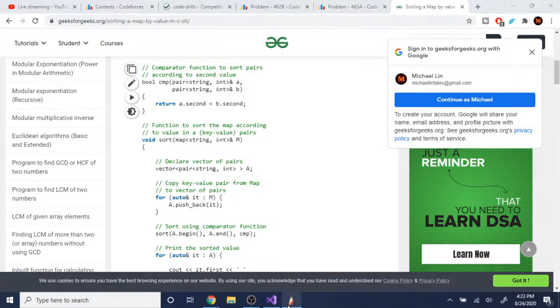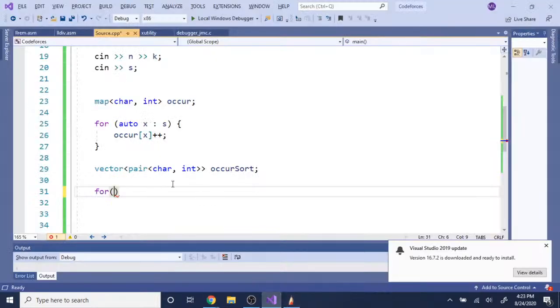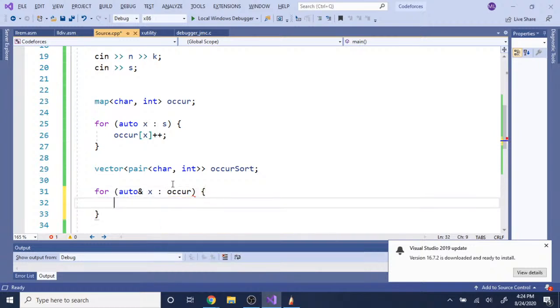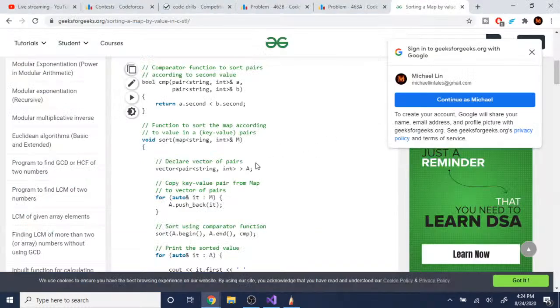Okay, I got it. So we have to push back. For every auto ampersand x, so for every key and value inside occur, we're going to do occur sort dot push back x dot first, x dot second. I think so. Yeah.